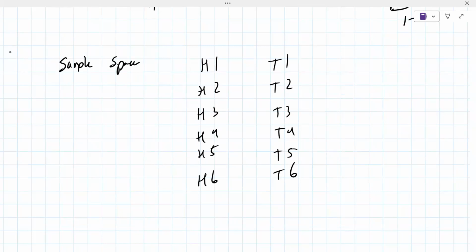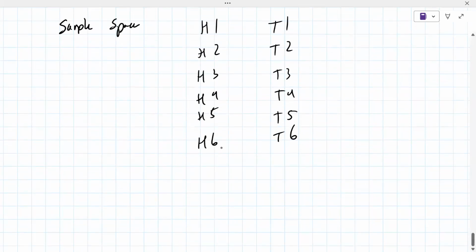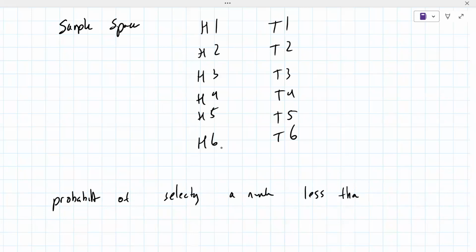Okay. So now I can ask you some questions. For example, and really it's not chances, it's probability. Probability of selecting a number less than 3. So what numbers are less than 3? 2 and 1.